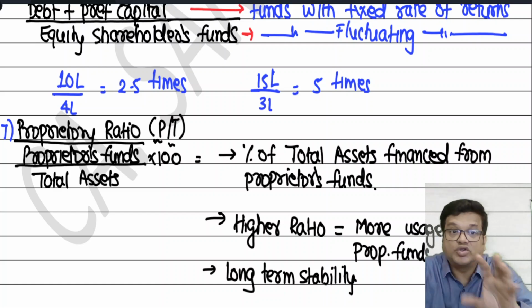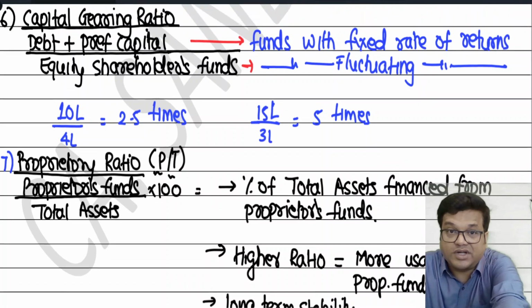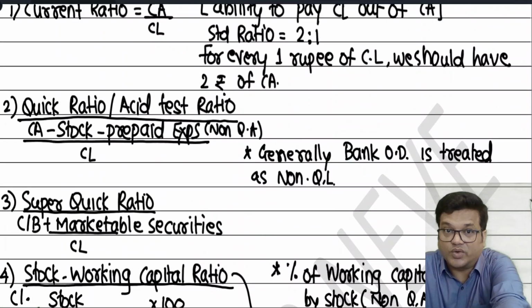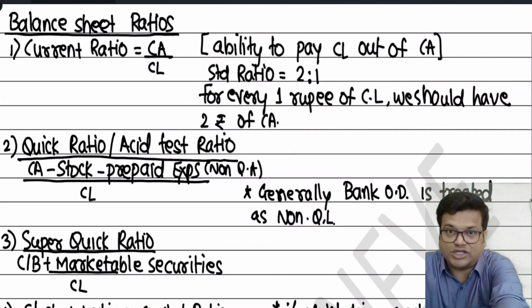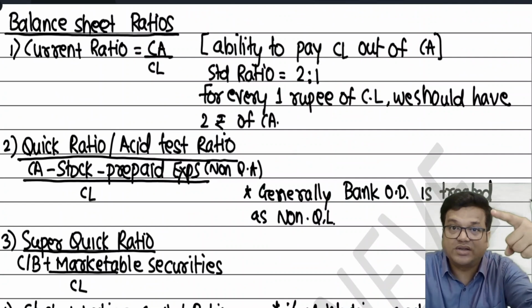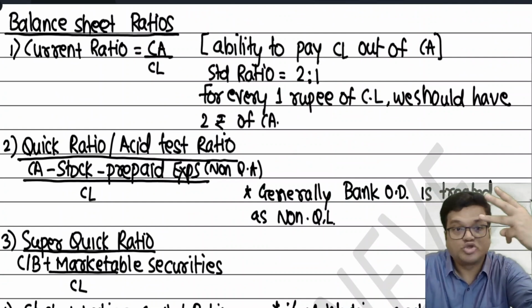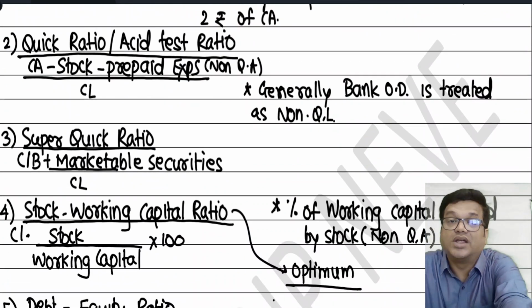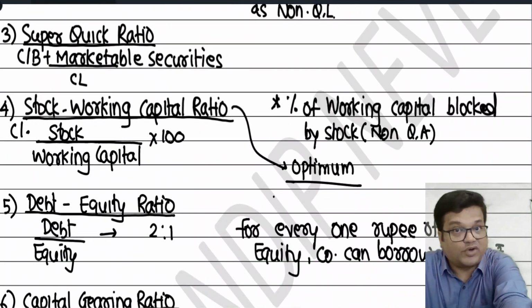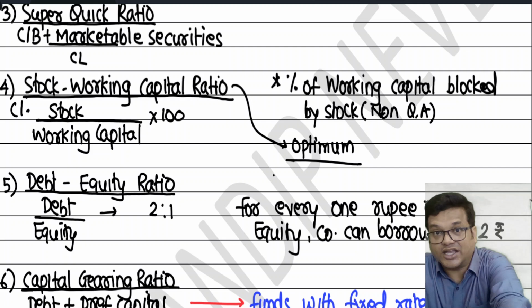Okay friends, so how many total ratios have we done till now? Let's take a quick look. We have done seven ratios. Let's recollect. First one, current ratio. Second one, quick ratio. Third one, super quick ratio. Fourth one, stock working capital ratio.